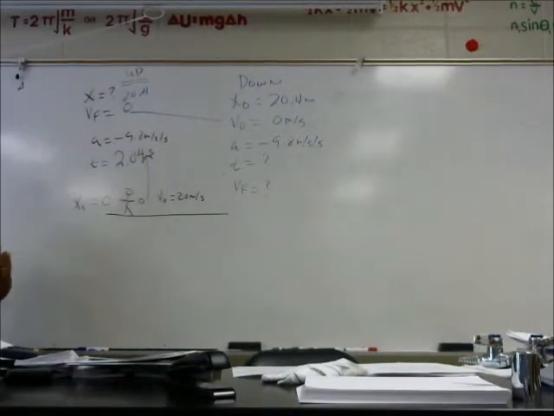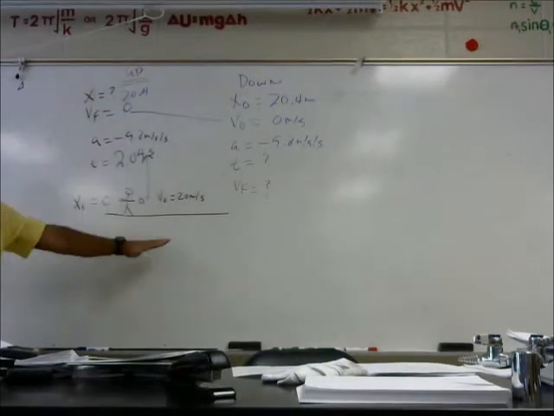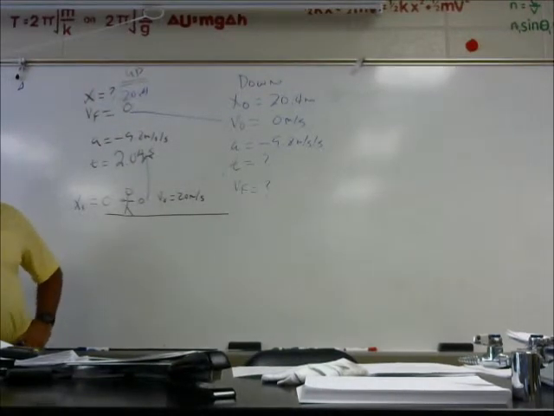The time, however, if it requires 2.04 seconds to go up and stop, how long should it require to come back to that same height? Same, more, or less? Less time to come back down.